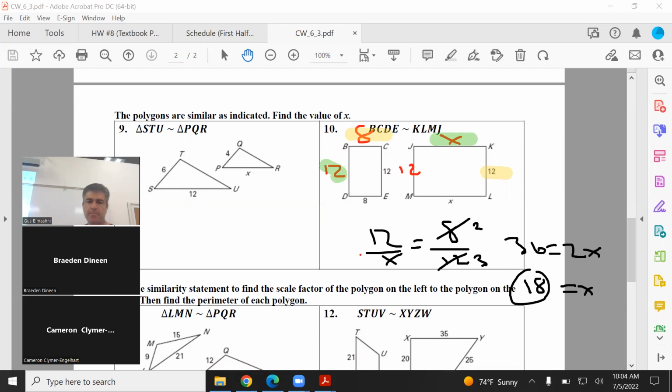X is 18. Yeah, that wasn't really done properly because DE is supposed to correspond with MJ, and you're not given MJ, but I guess you have to assume that's 12 and it's right angles. So not the most well-designed problem. But hopefully you guys got 18. I'm guessing you probably assumed these are both rectangles.